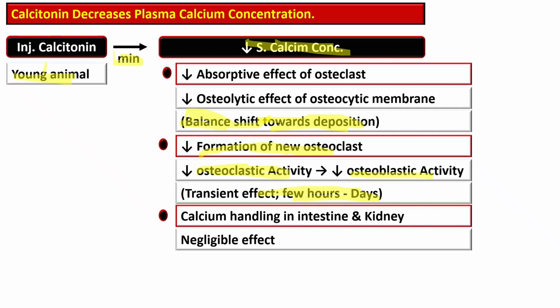So there are minor roles in other organs also. In kidneys, there is a decrease in calcium and phosphate reabsorption, and in the intestine there is a decreased absorption of calcium and phosphate. This is insignificant, especially in humans.